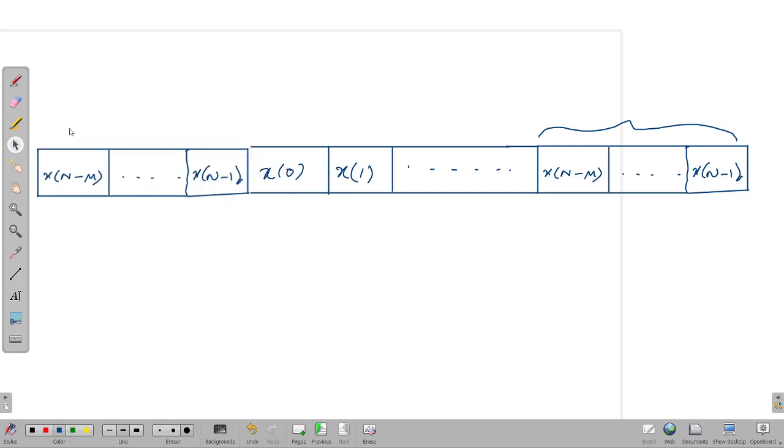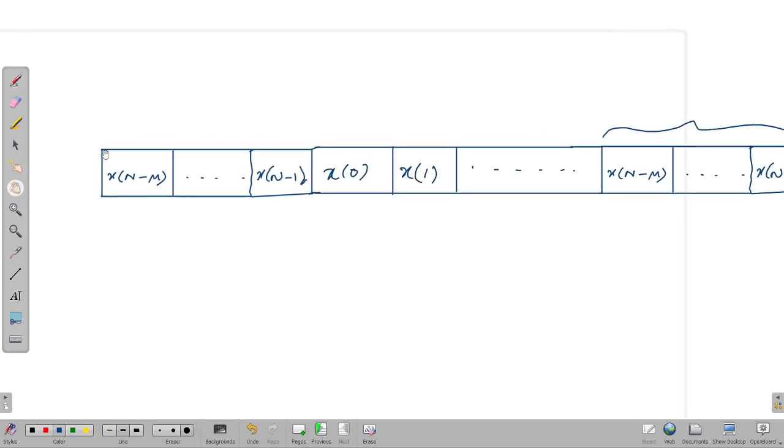Okay, I'm placing those symbols to the beginning, and this is nothing but the cyclic prefix, CP. Prefixing the last mu number of symbols to the front of the block. So that is a cyclic prefix.